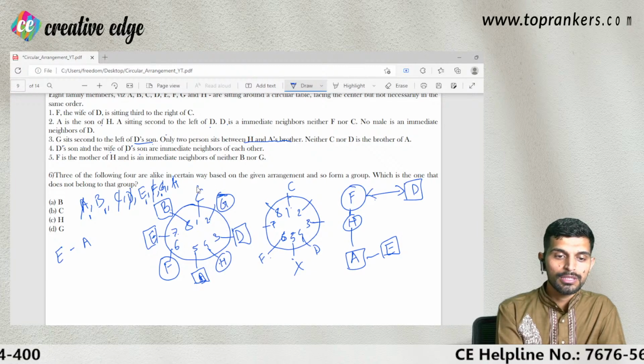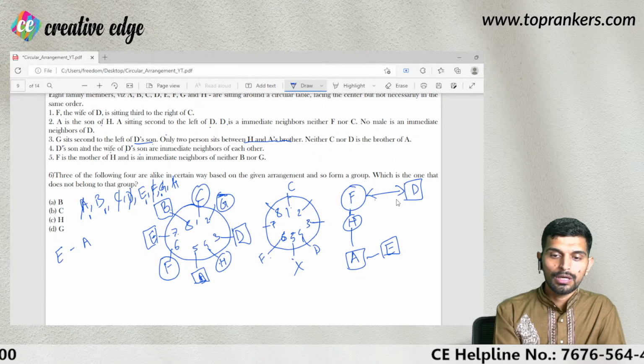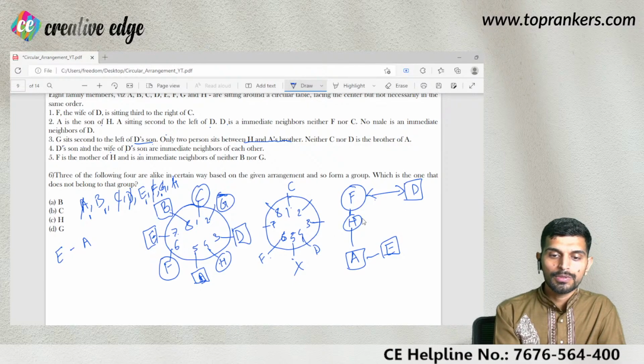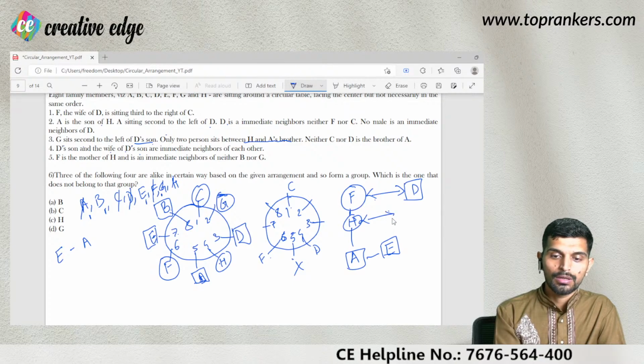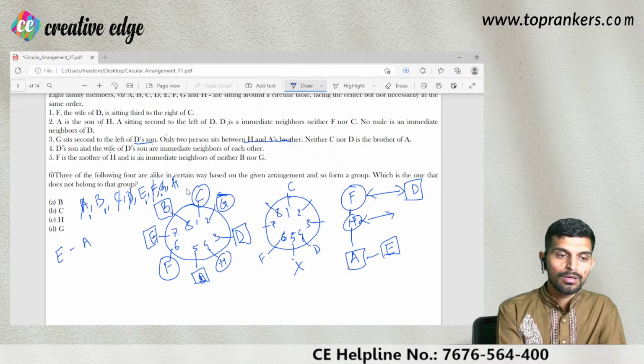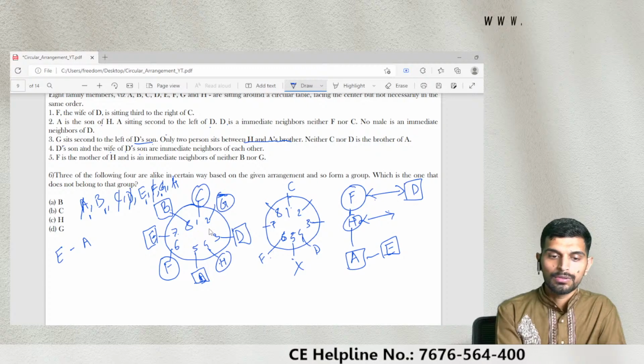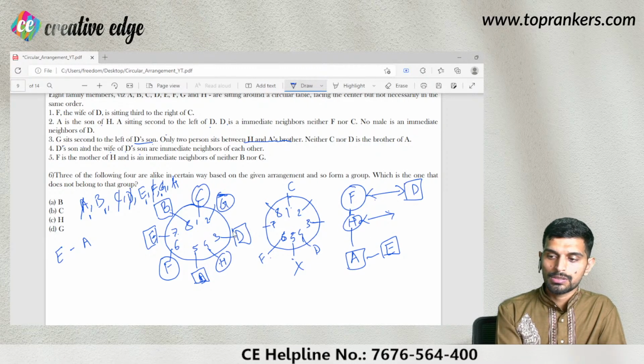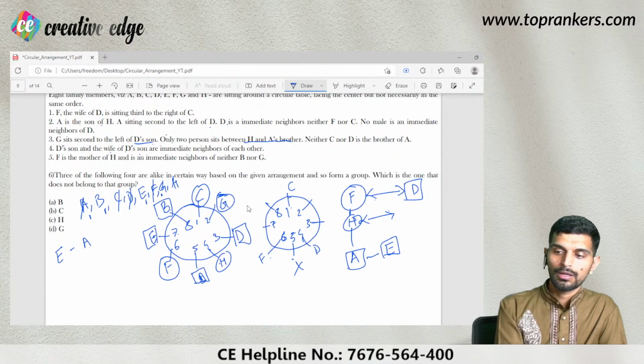So C must be female. C and E must be, all right. So G is E's sister. G is E's sister. How can we say that?